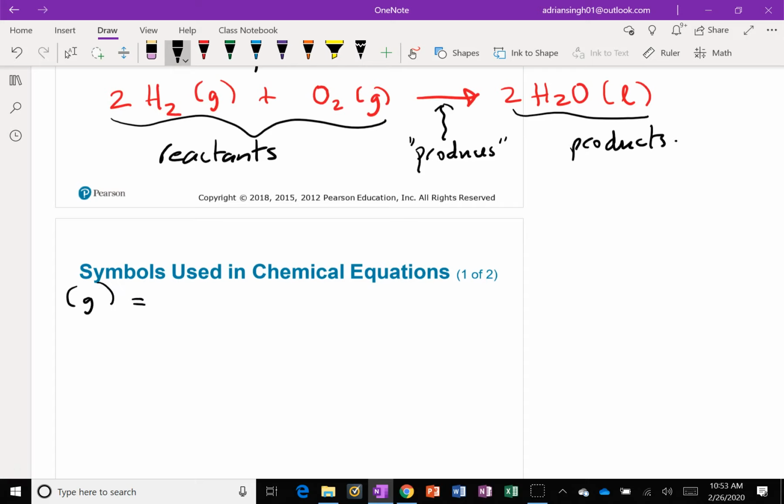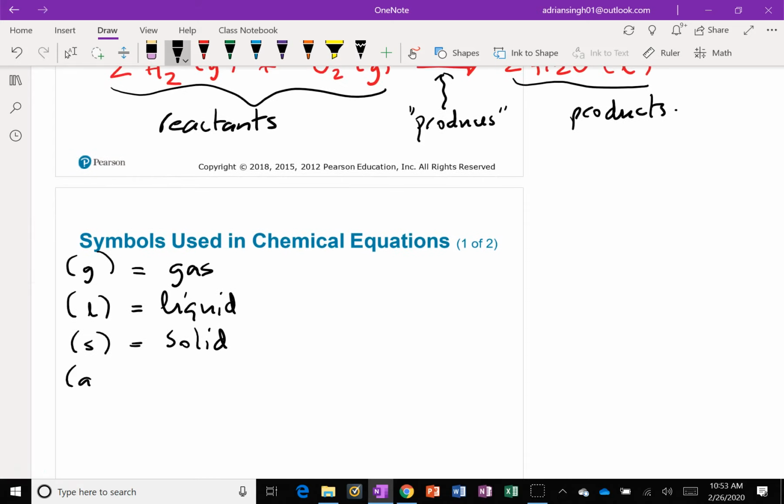G in parentheses means that thing is a gas. We use L, small l, for liquid. S means it's a solid. And then there's a fourth one that we're going to see, AQ. This stands for aqueous, which simply means that whatever that thing is, it's just dissolved in water.